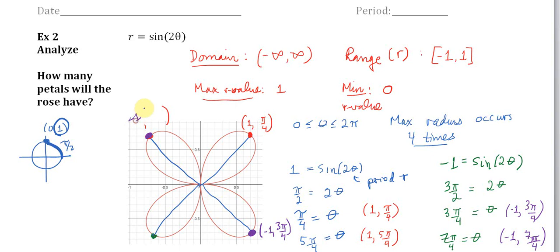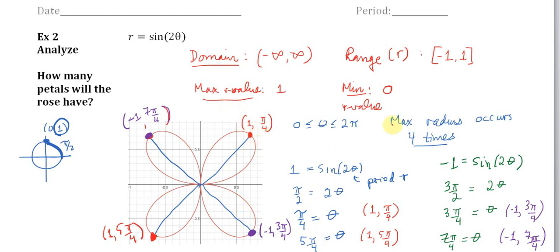This is (-1, 7 pi over 4). Okay. The other point that we talked about, (+1, 5 pi over 4), is this one down here. This is (+1, 5 pi over 4). Okay. So these are where the 4 maximum points occur.